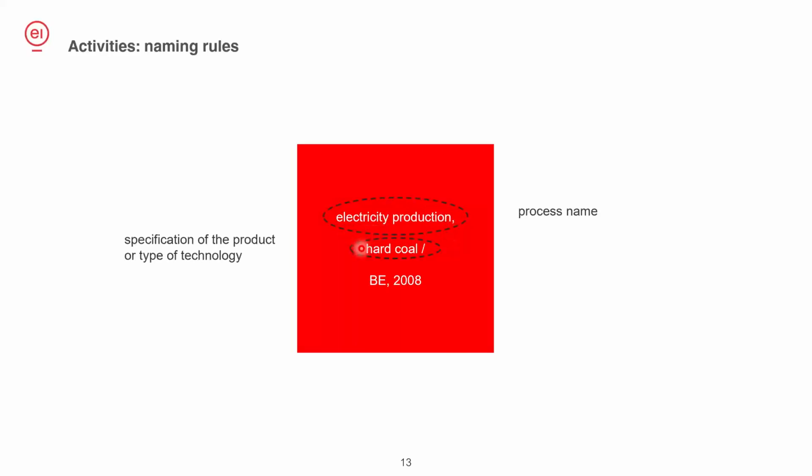Then we can also have further specification of the product or the type of technology. Here, this is hard coal, electricity production from hard coal. It could be electricity production from nuclear, from lignite, from other types of fuels. And finally, the activity refers to a specific geography and to a specific point in time.